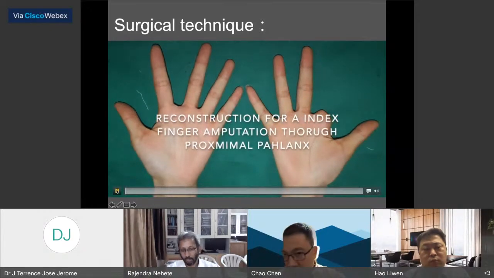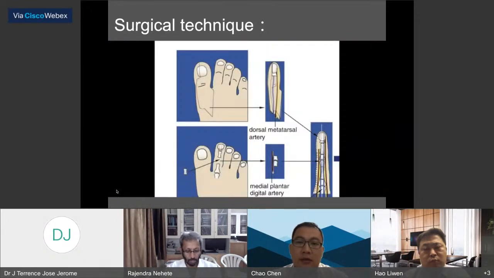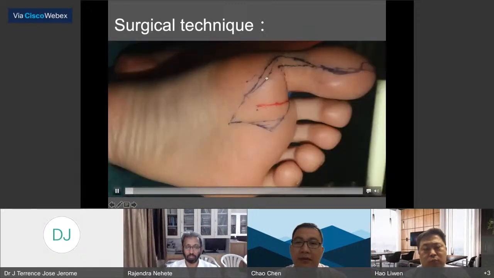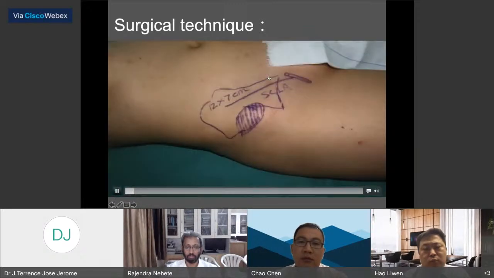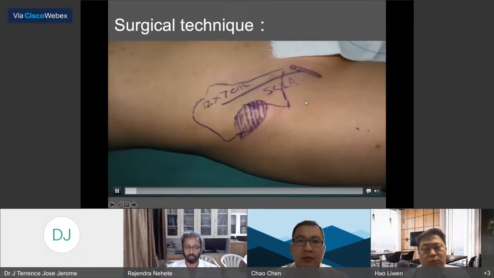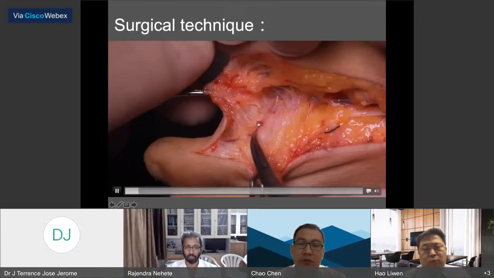This patient is just the patient I introduced before. Here is how we design the wraparound flap, the dorsal view, the plantar view, and the design of a skate flap for donor site reconstruction. Also, we harvest the PIP joint from the second toe.